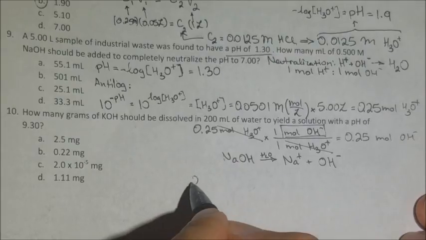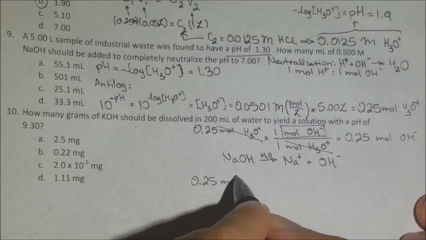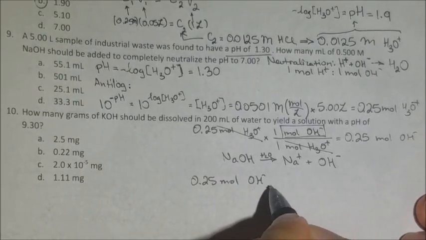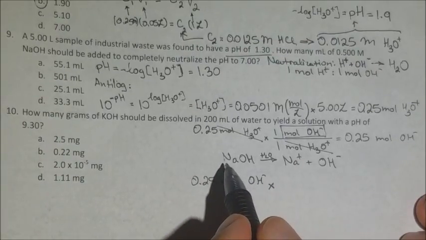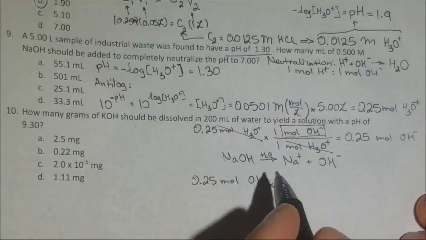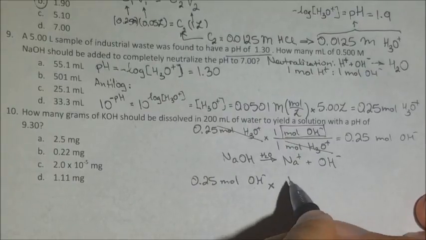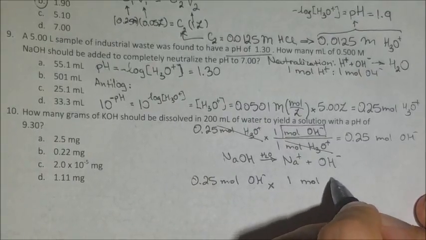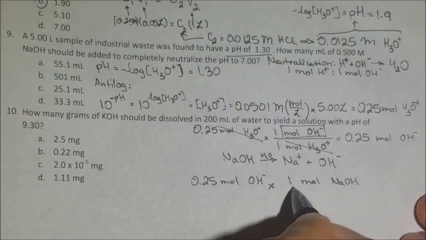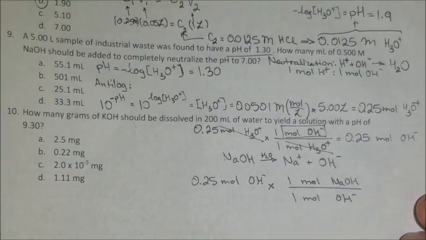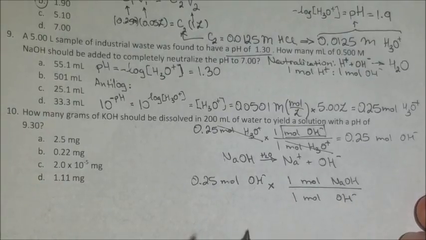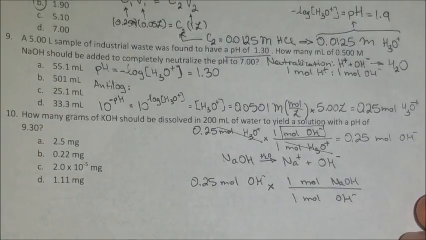So now if I have 0.25 moles of hydroxide, and I want to figure out how much sodium hydroxide that requires, I just refer to the equation and find that I need a mole of sodium hydroxide to give me a mole of hydroxide ions. That's simply because it's a strong base and you dunk it all in there, and it provides all of those moles of hydroxide ions.